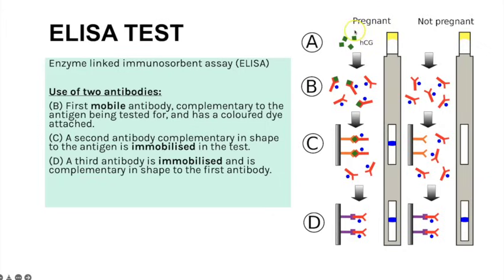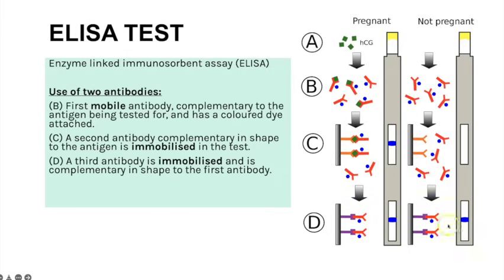So what this means is, if we think about this in terms of a pregnancy test, if you are pregnant, you contain the hormone HCG within your urine. That will then bind to the antibody, and any antibodies with the HCG hormone bound to it will then attach to the immobilized antibody at point C. And therefore, you get a coloured blue line at this point because we have that blue bead held in that fixed position.